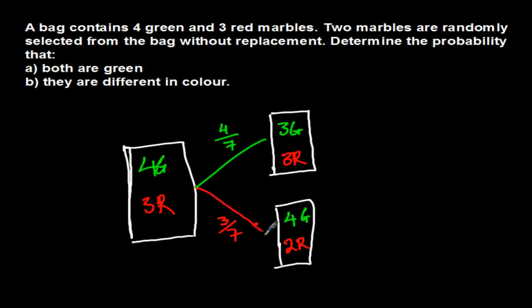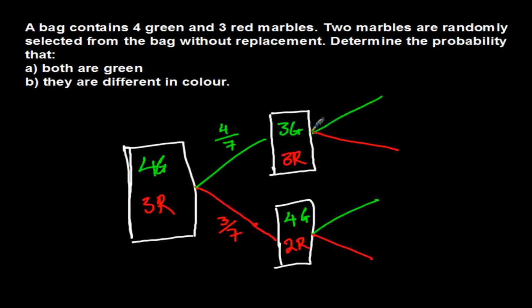Now to get the second marble, we can either pick from this first case a green and a red, or from this a green and a red.